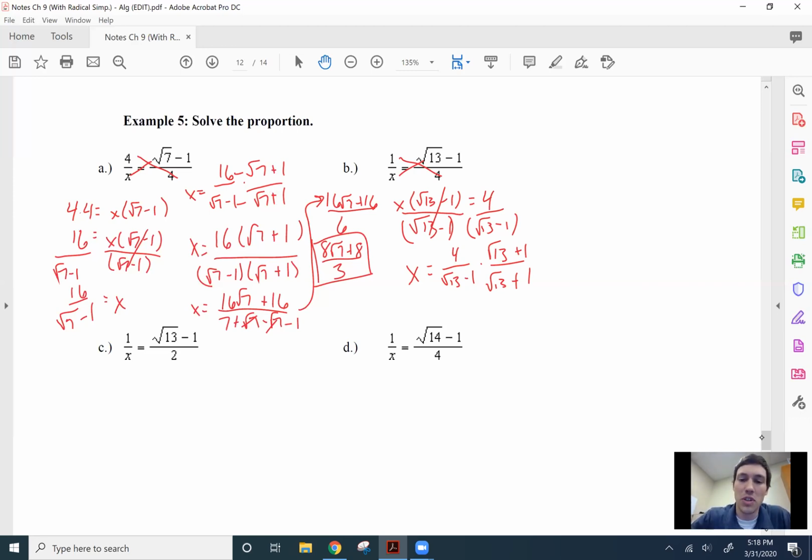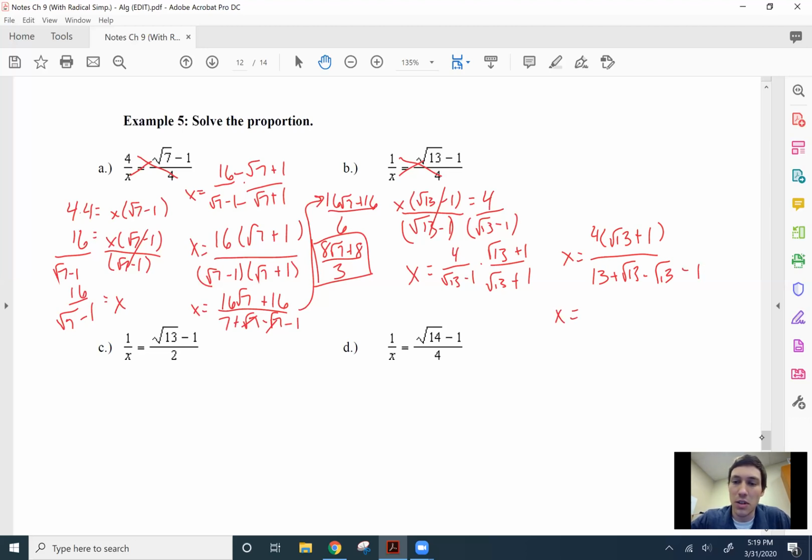All right, so when I multiply this, I get x equals 4 radical 13 plus 1 all over radical 13 times radical 13 is just 13. Radical 13 times 1 is just radical 13. Negative 1 times radical 13 is negative radical 13. Negative 1 times 1 is negative 1.